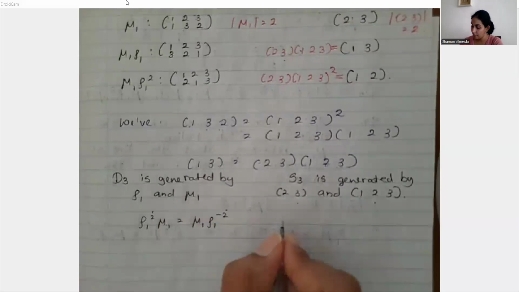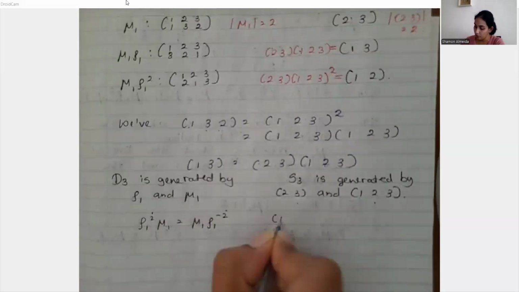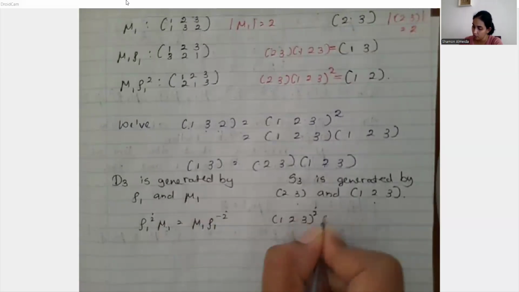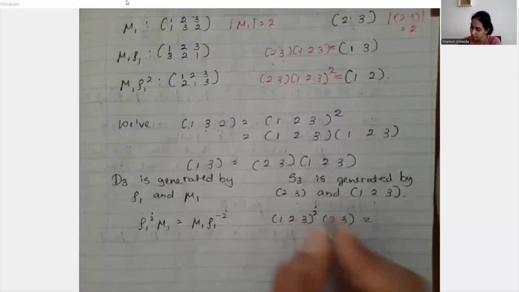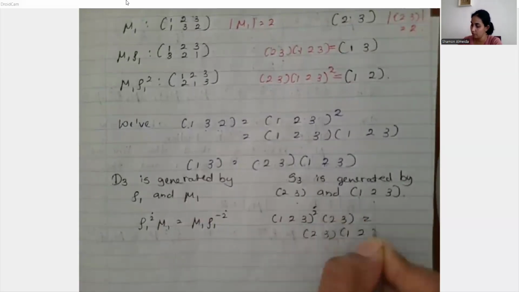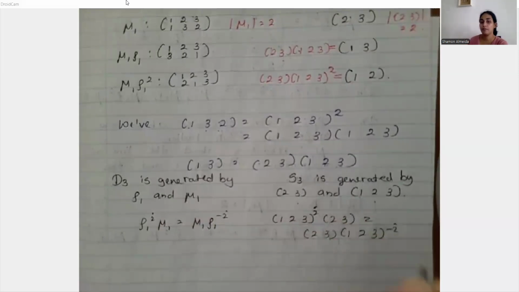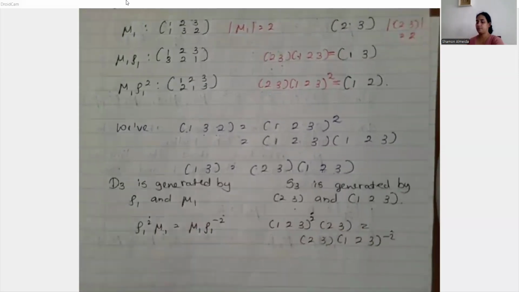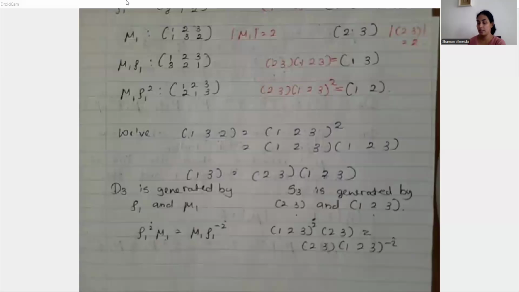Similarly, we have here the cycle (1 2 3), and this cycle raised to the power of (2 3) is the same as (2 3)(1 2 3) raised to the power of -1. So we will be using this relation as well.